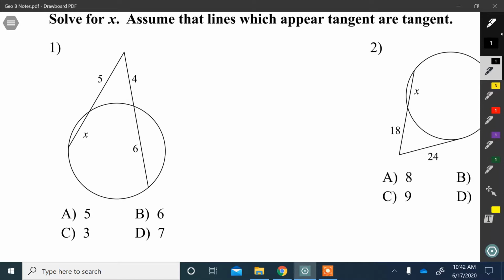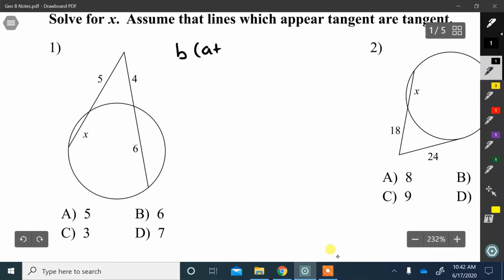So number one, we're going to be using the formula for 2 secants. If you look at your formula sheet, the formula for that should be b times a plus b is equal to d times c plus d, where this right here is a, this right here is b, this right here is my c, and this right here is my d.